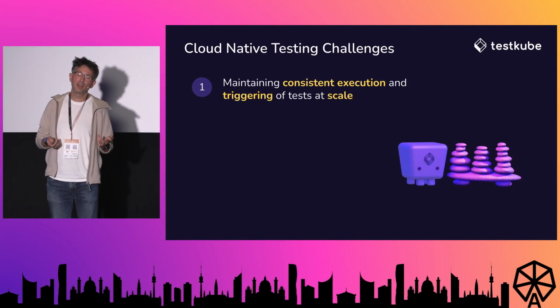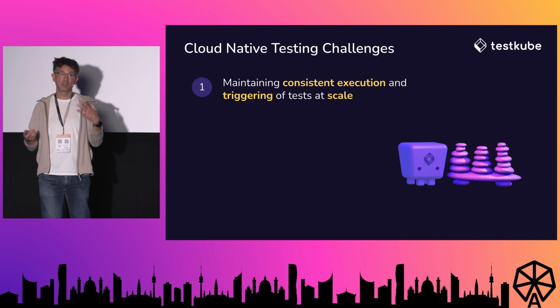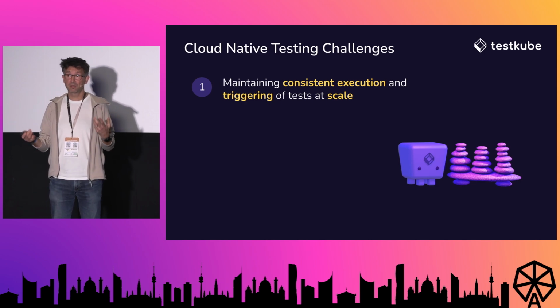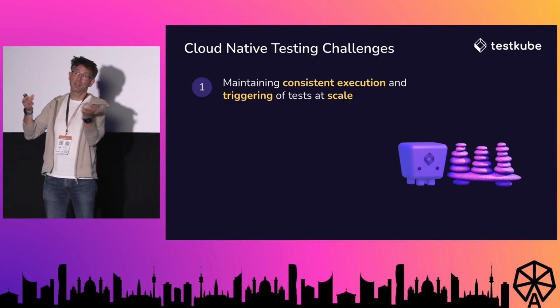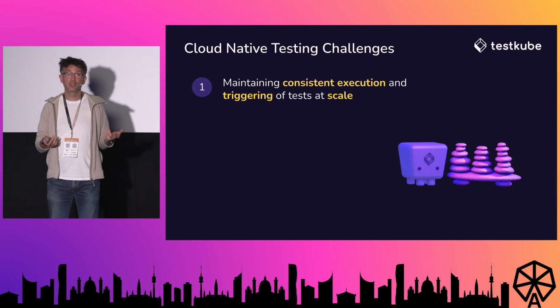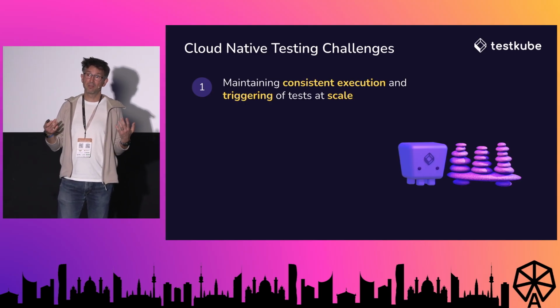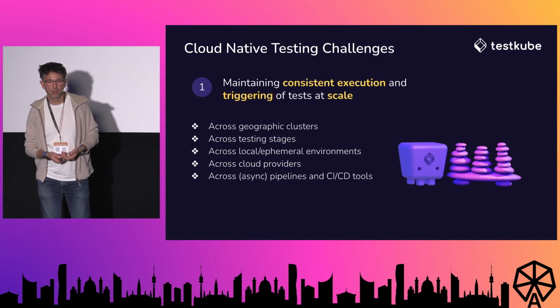Okay, so what are some challenges related to testing then? One is just consistency. How do you make sure that you get the same results for a test when you're running it locally, when you're running it in your CI/CD, when you're running it as a part of your progressive delivery? Because as you can all imagine, you'd like the same test to always have the same result and not different results depending on where you run it. This can also be across geographic clusters.